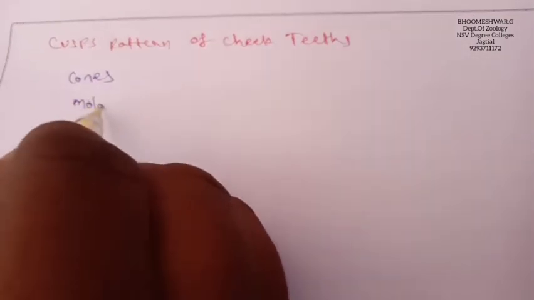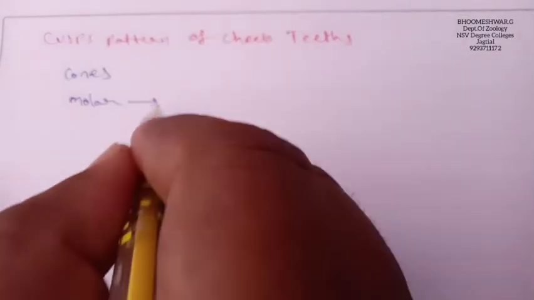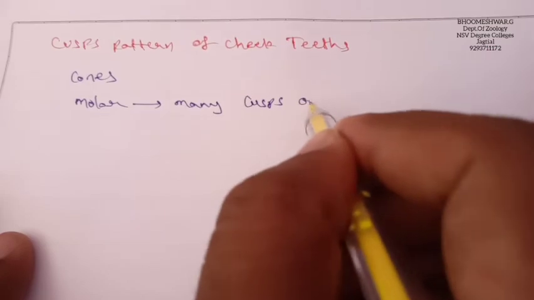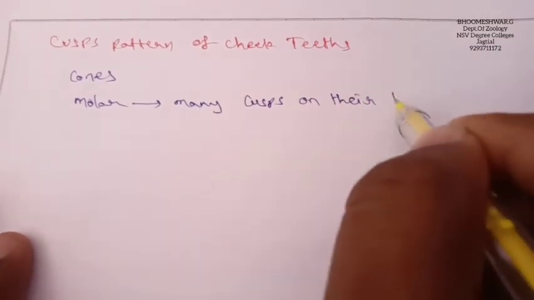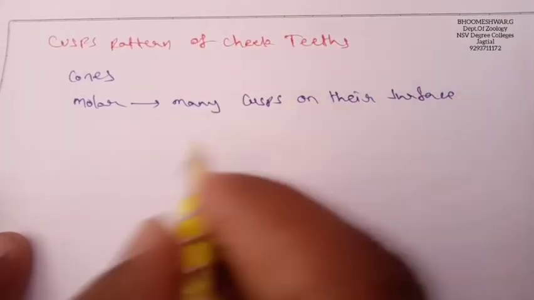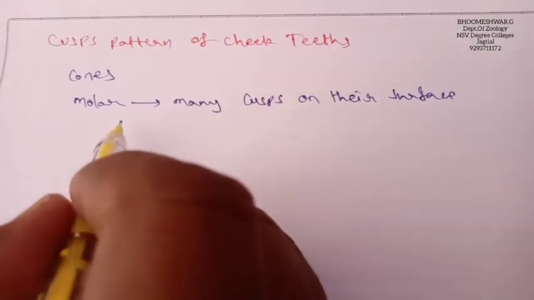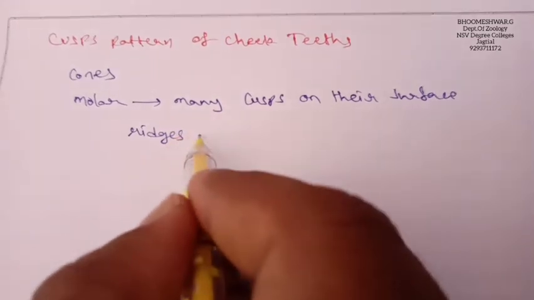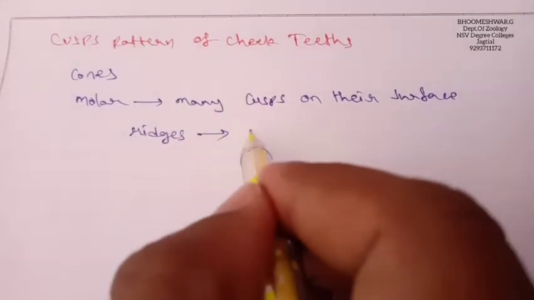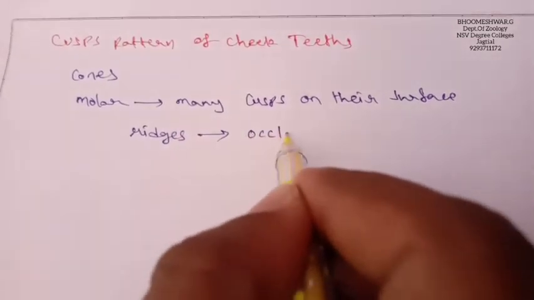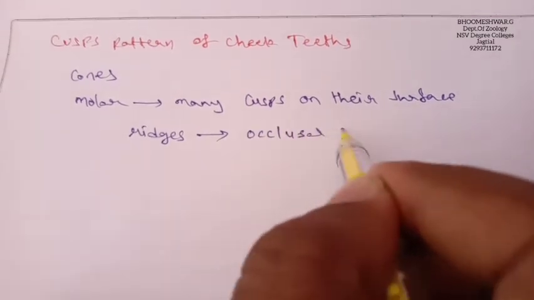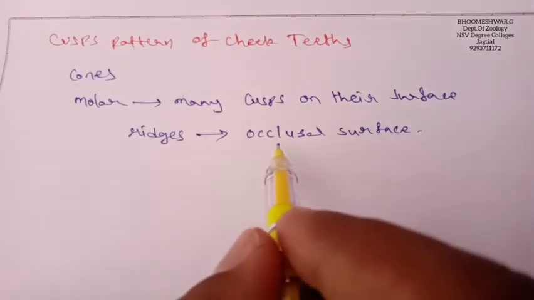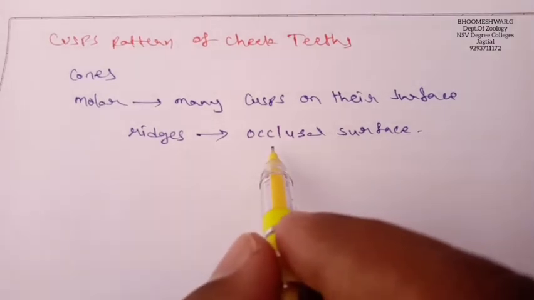The molars have many cusps on their surface, along with tiny structures or ridges located on the occlusal surface, which is clearly seen on the surface of cheek teeth.